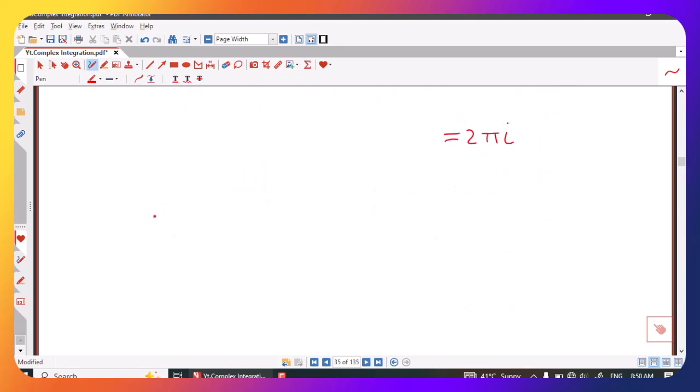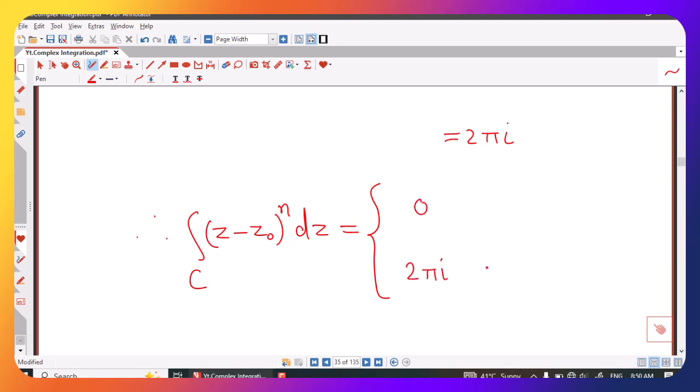So if we combine what we have obtained, if I have the integral of (z minus z0) to the power n with respect to z, then it is 0 or 2 pi i. I obtain 2 pi i if n is minus 1, and I obtain 0 if n is not equal to minus 1, and in both the cases n is an integer.